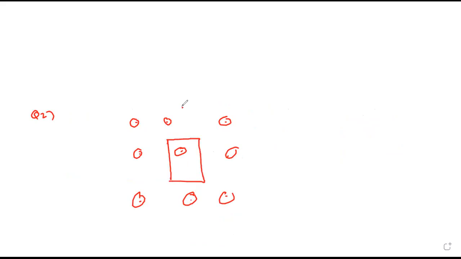Next question, second one for today. This is an outward field in which a rectangular coil is placed, rotating with angular velocity omega.